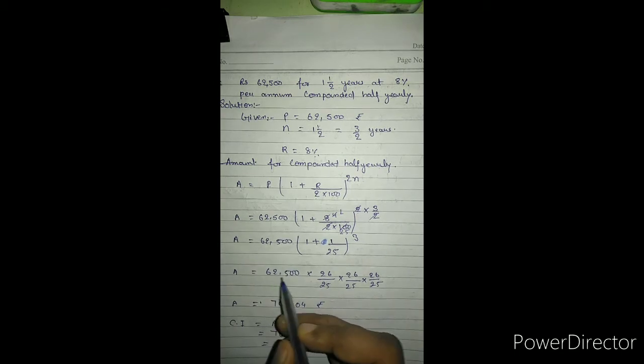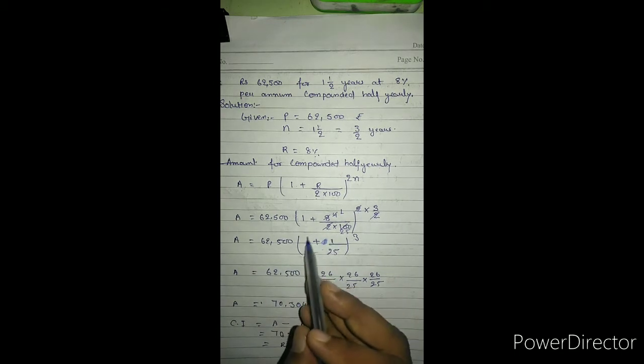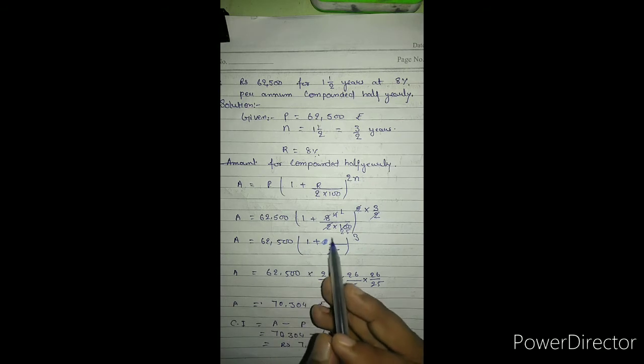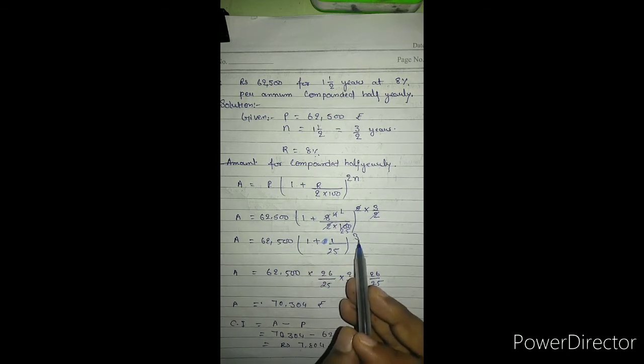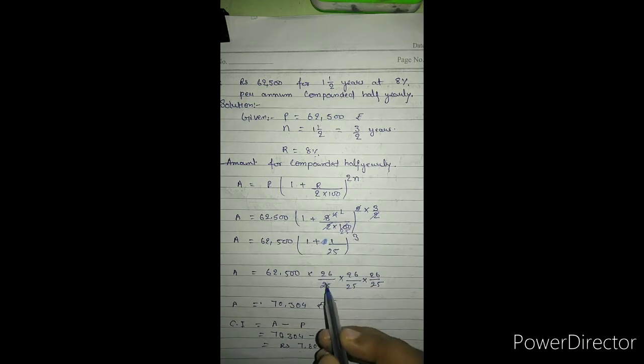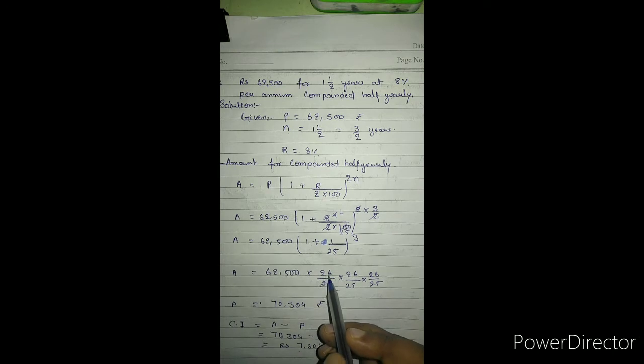So 62,500 rupees. When you solve this addition of fractions, you will get 26 by 25, and here is the cube, so we have to write it 3 times. So it will be 26 by 25 into 26 by 25 into 26 by 25.